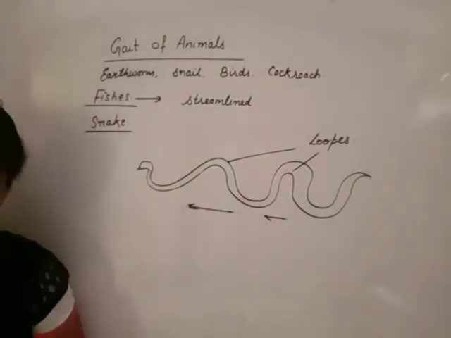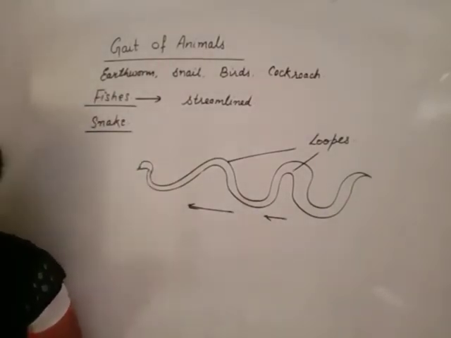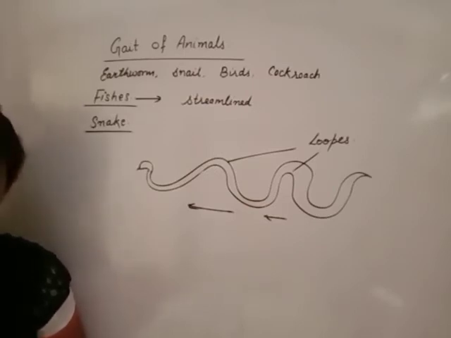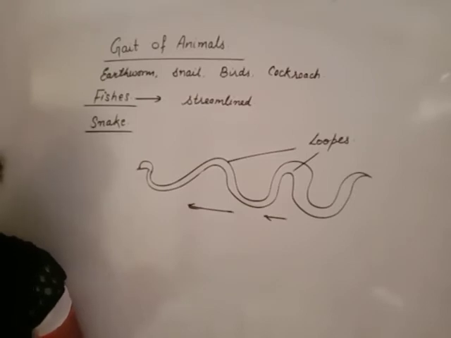Ground means earth surface. These loops push the snake in forward direction and the snake will move forward. Snake always moves very fast with the help of loops, but does not move straight like a human being or others.